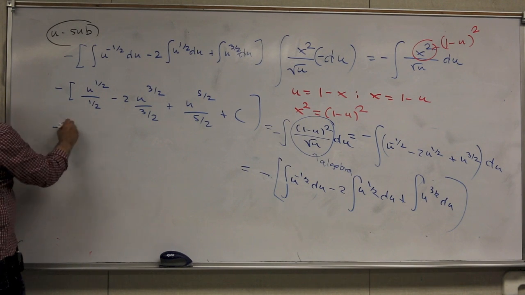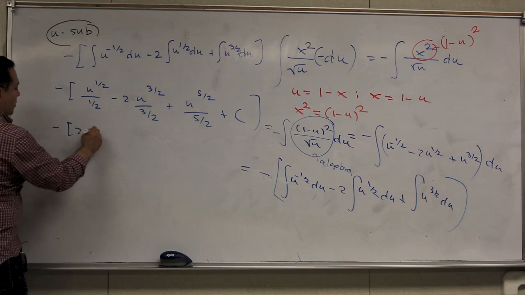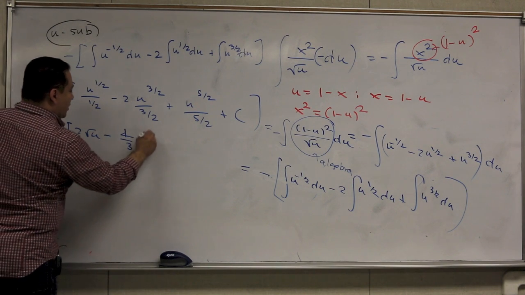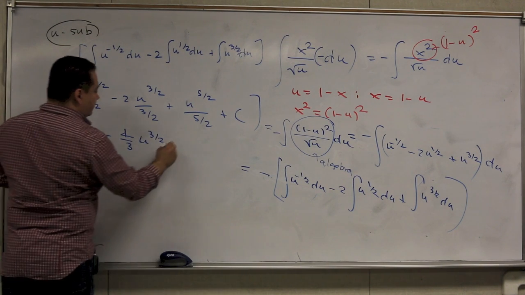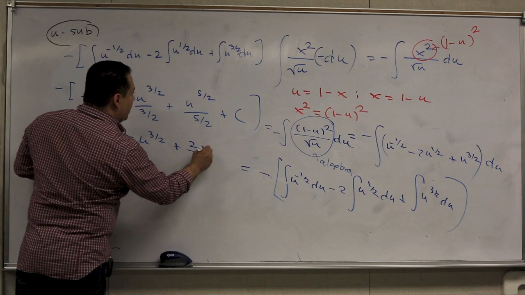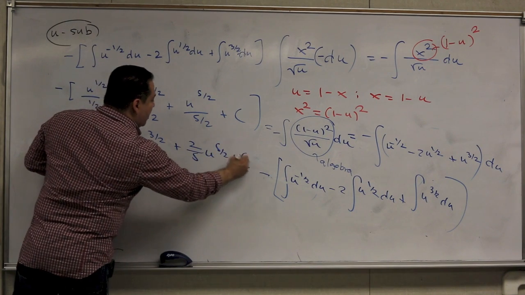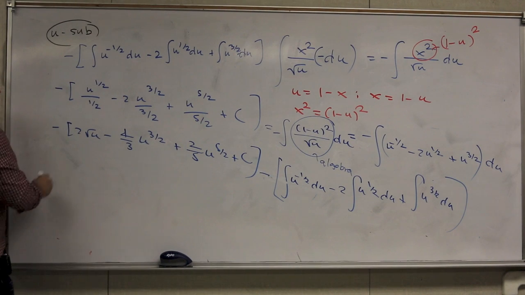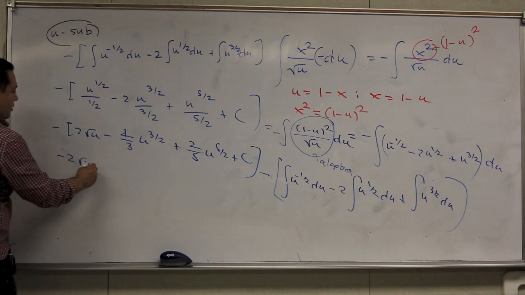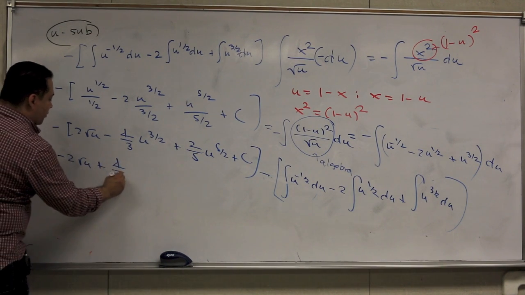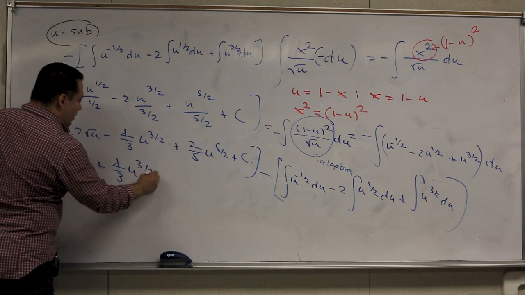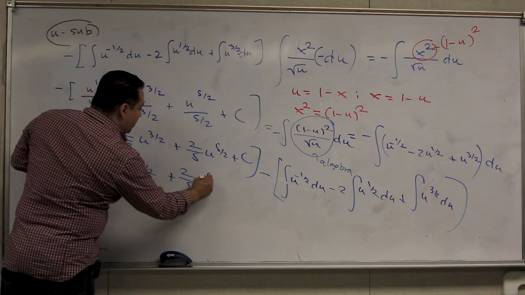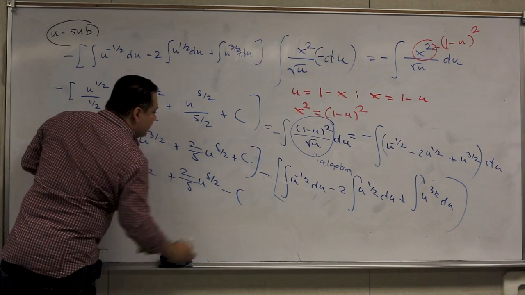Final answer. 2 square root u minus 4/3 u to the 3/2 plus 2/5 u to the 5/2 plus your c. Then you can distribute this minus sign, so you get minus 2 square root of u plus 4/3 u to the 3/2 plus 2/5 u to the 5/2, and you say that's a minus c.